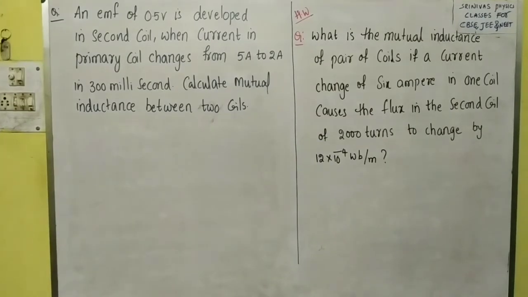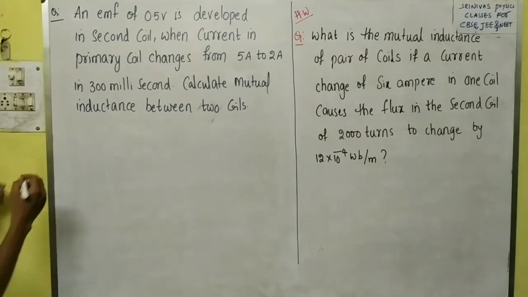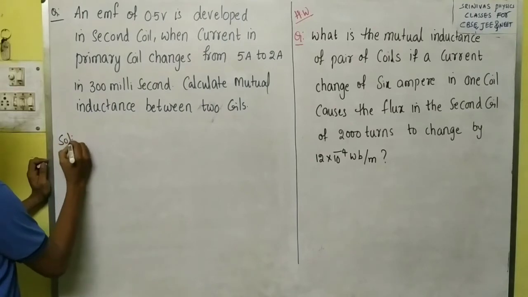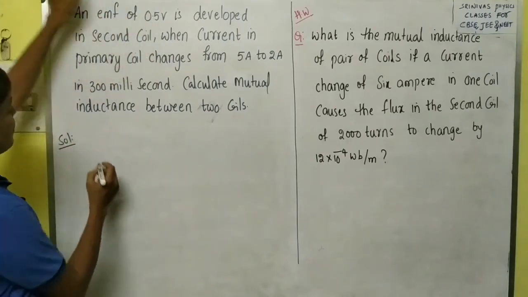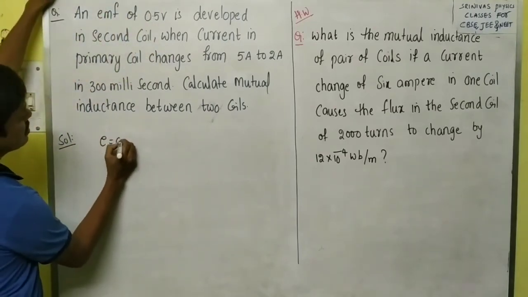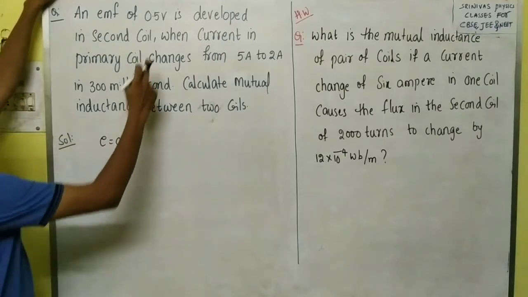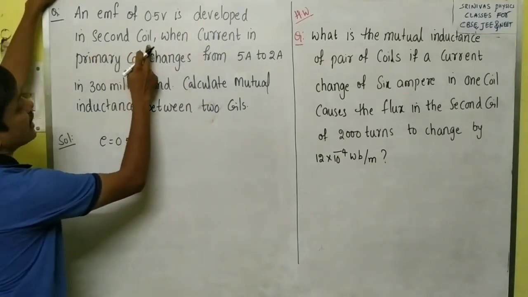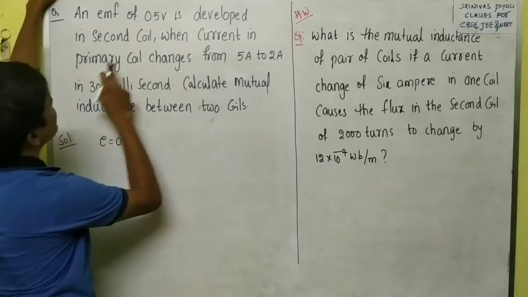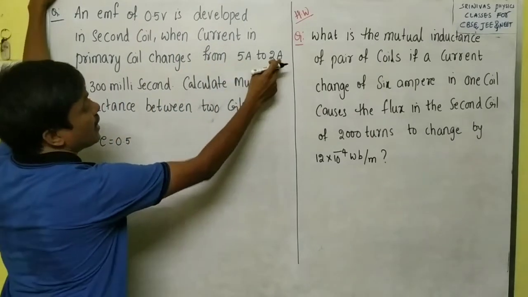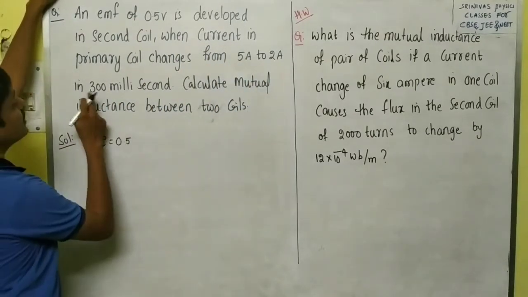Now let us go for the solution of this problem, and it was very easy. Let us see what they gave in the question. An EMF of 0.5 volts is developed in the second coil when the current in the primary coil changes from 5 ampere to 2 amperes in 300 milliseconds.